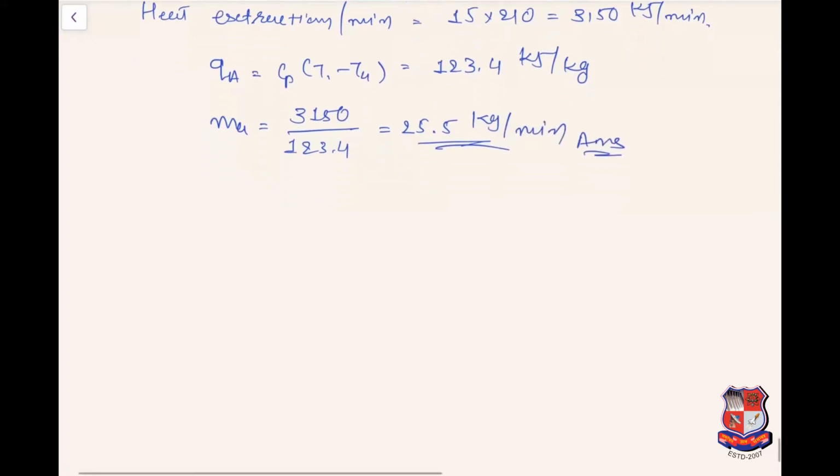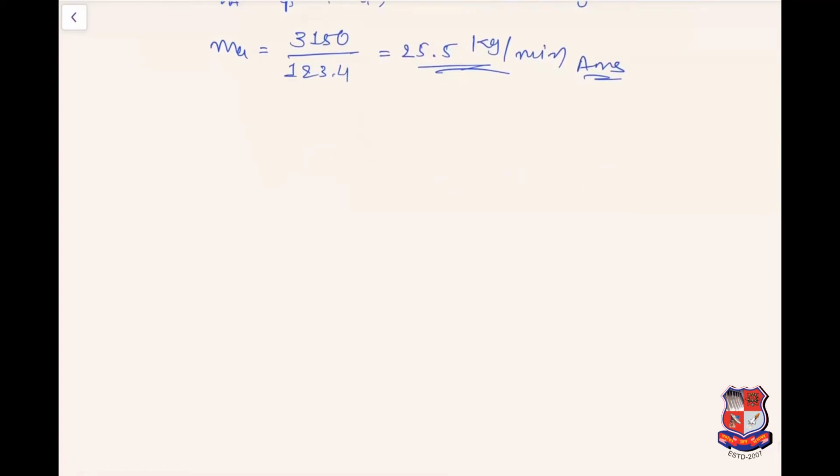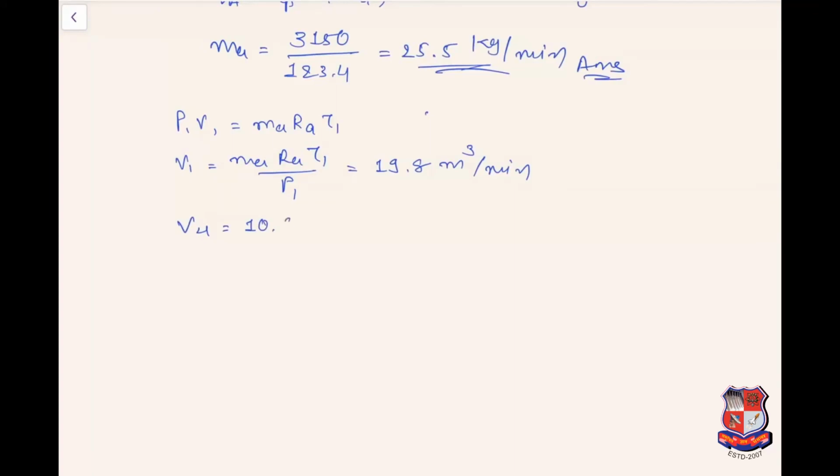So this example is also the same as the previous one. Here also P1V1 is equal to MA R T1, and from that we get V1 is equal to MA R T1 divided by P1. By putting in the values, we find it is equal to 19.8 meter cube per minute, and in the same way V4 can be found, 10.8 meter cube per minute.